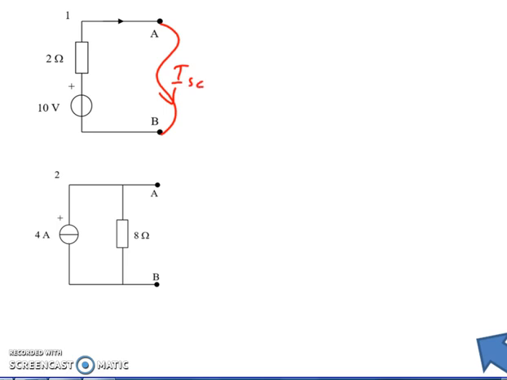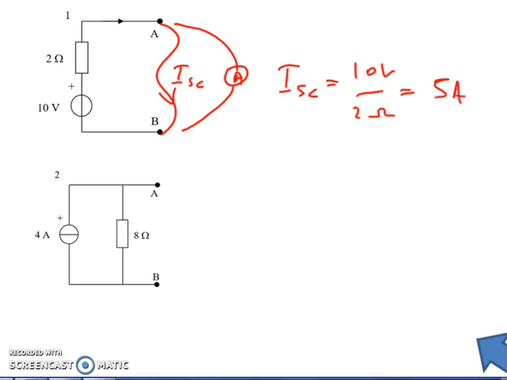Sometimes that's also symbolised by using an ammeter as a short, because that will show the short circuit current. Well, fairly obviously, ISC is going to be E over R, or 10 volts over 2 ohms, which is 5 amps.